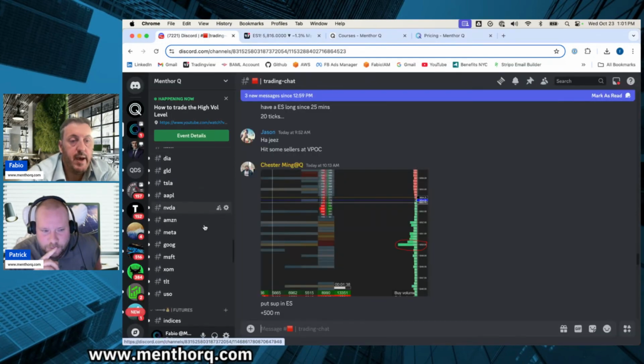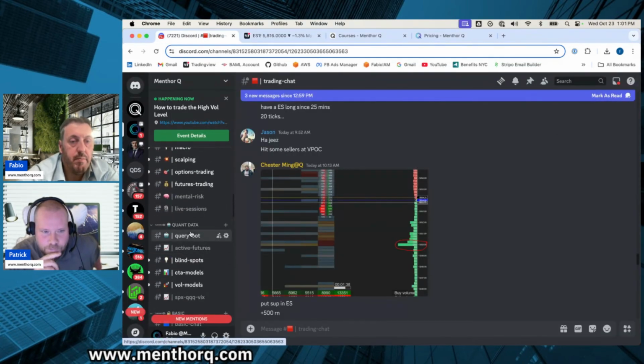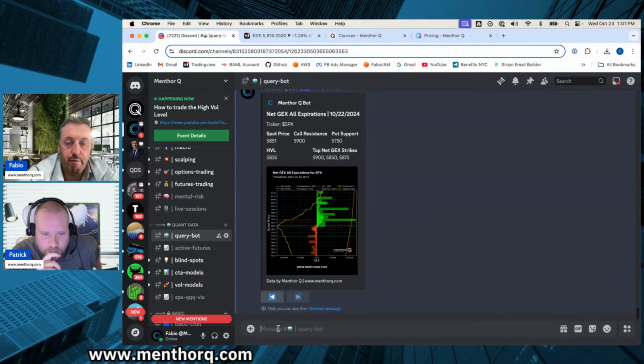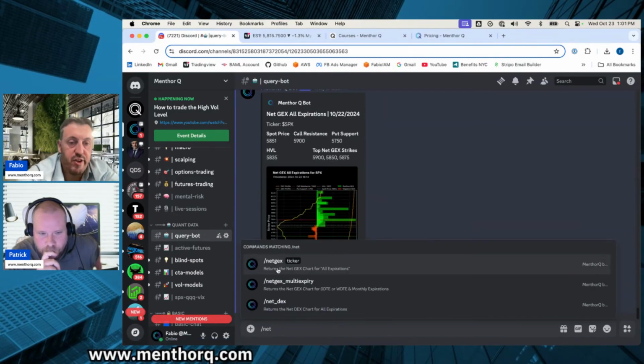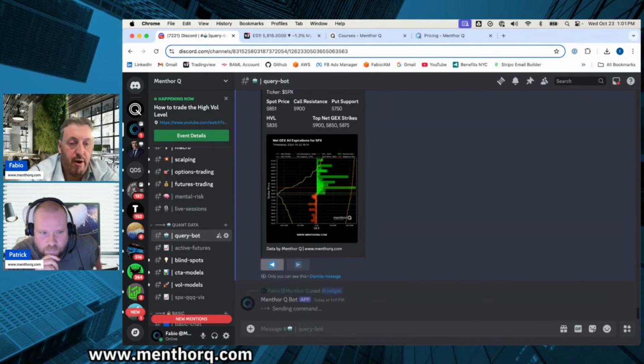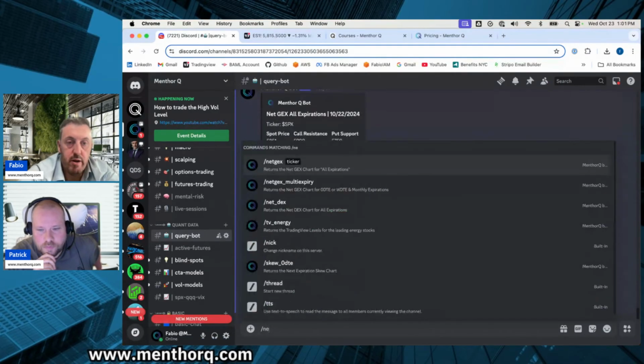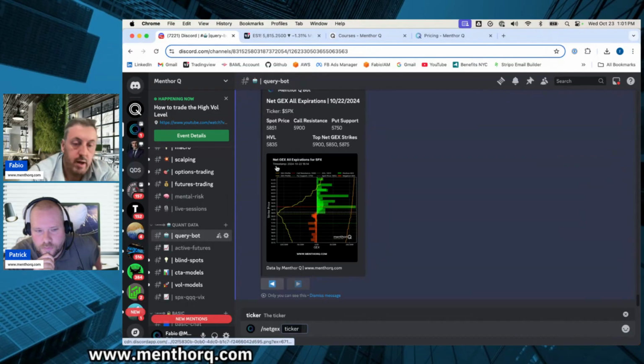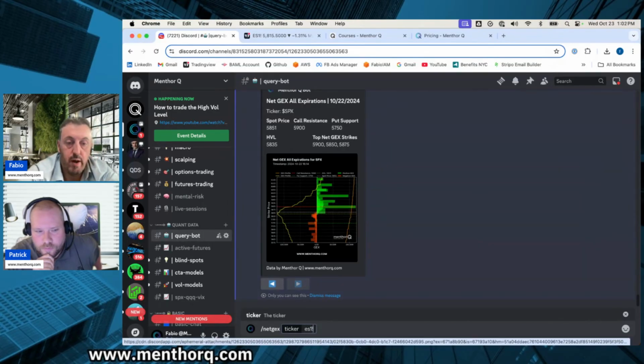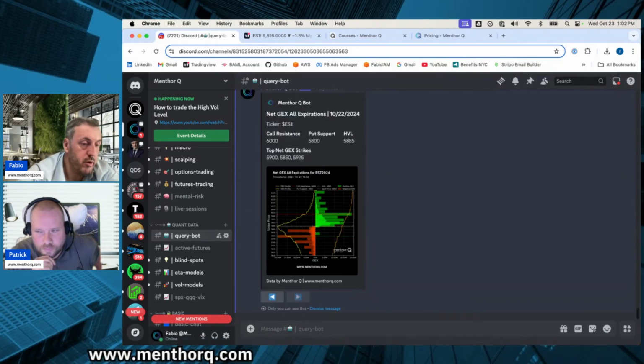I think not necessarily, because again, if we go back into our Net GEX chart, we can open up our SPX, our ES1, and then, as you mentioned, our SPY.